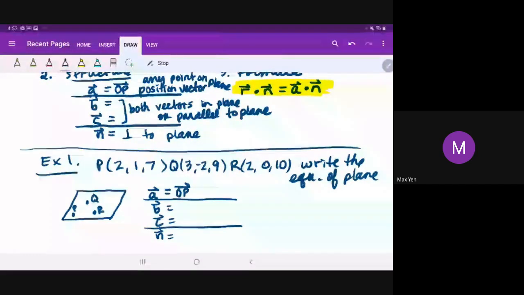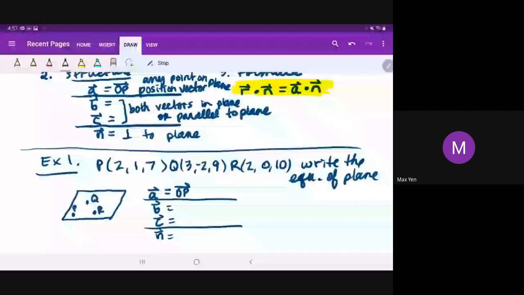Yes, Esther, the position vector. Yeah, OP, the position vector. And A is any point on the plane, but you pick one. So it's not the XYZ any point, it's the any point of your choice. So you could have called it OQ, you could have called it OR. We just generally do OP so we all have the same structure down the answers.